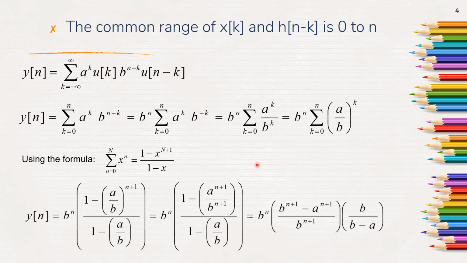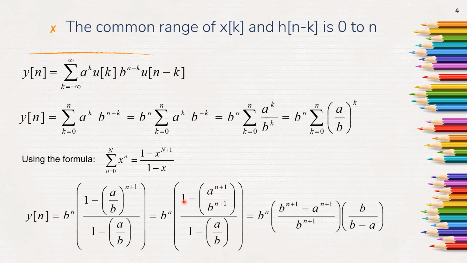When I apply this formula, what will I have? y of n is equal to b power n into 1 minus x the whole power n plus 1, so 1 minus a by b the whole power n plus 1 divided by 1 minus a by b. Right, now this is equal to b power n into 1 minus, splitting, a power n plus 1 by b power n plus 1, and I take an LCM of both numerator and denominator.